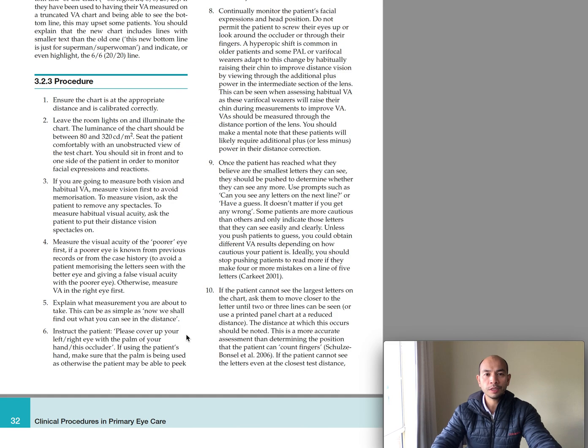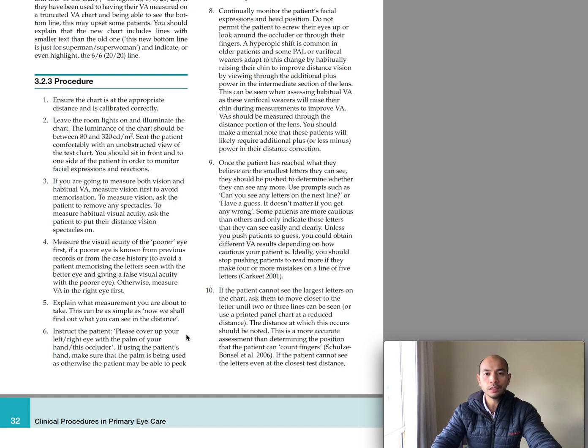Continually monitor the patient's facial expression and head position. Do not permit the patient to screw their eyes up or look around the occluder or through their fingers. A hyperopic shift is common in older patients, and some PAL or varifocal wearers adapt to this change by habitually raising their chin to improve distance vision by viewing through the additional plus in the intermediate sections of the lens.